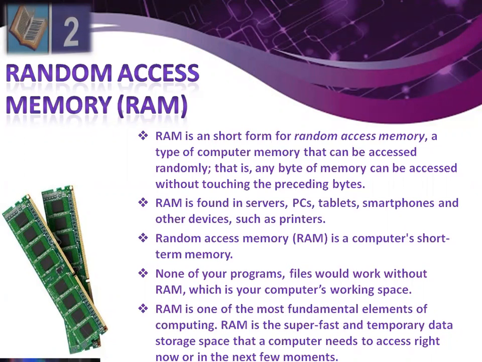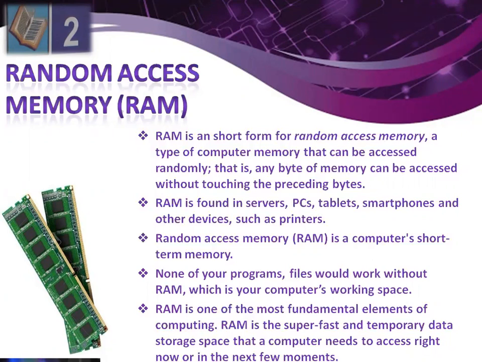So basically, RAM is a type of main memory and the primary memory, and it is the abbreviation of random access memory. Random means that you can select any location randomly. In RAM, you can access and select any location randomly. That's why it is called random access memory.